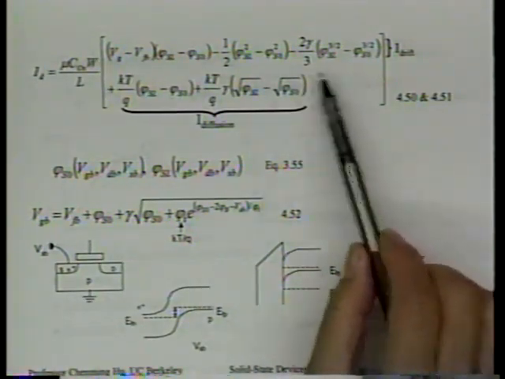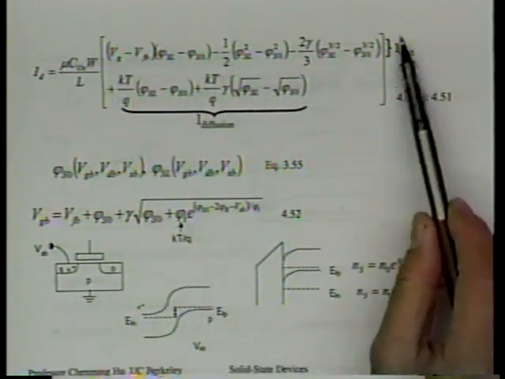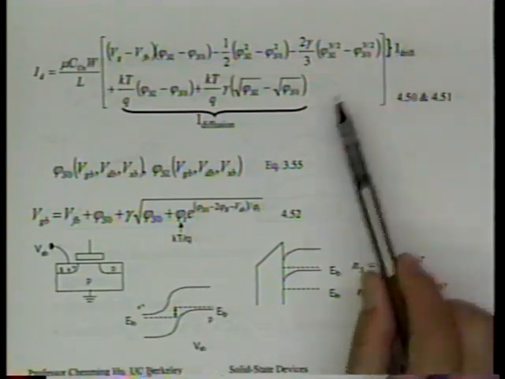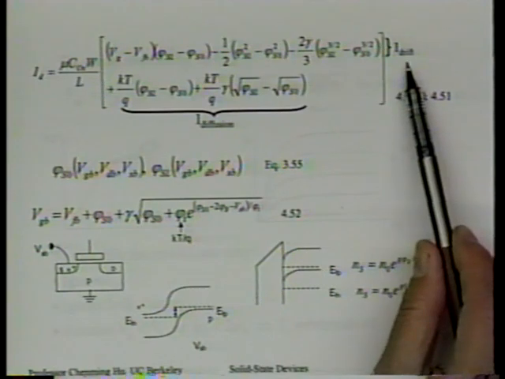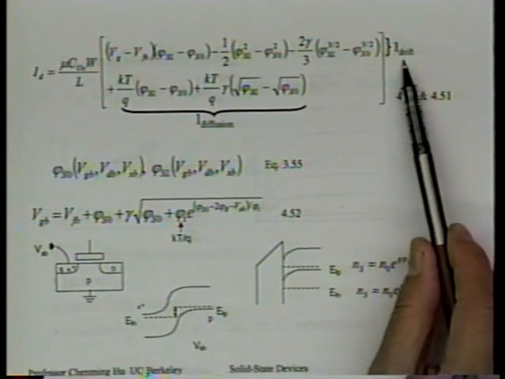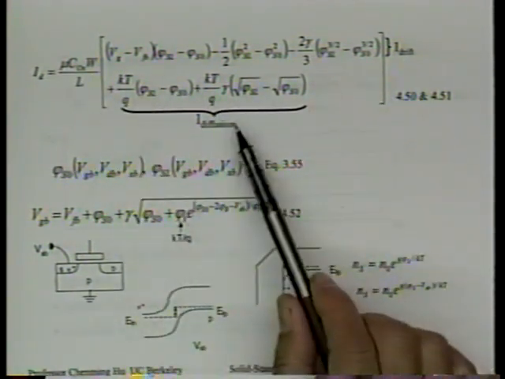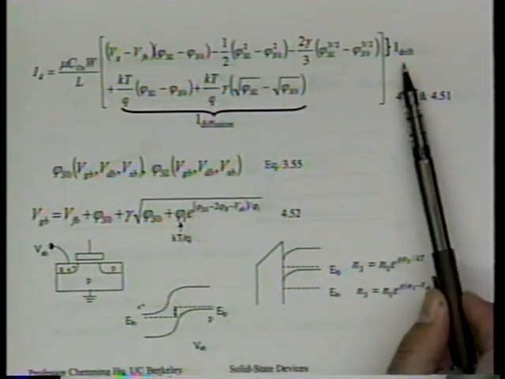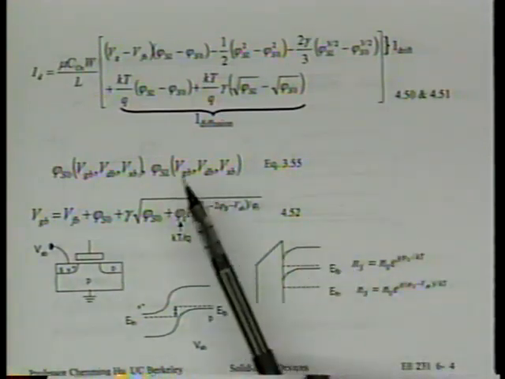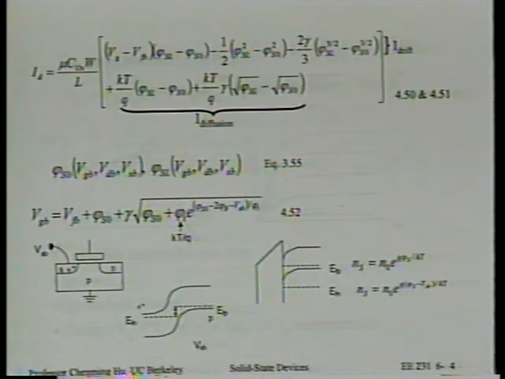The first half of the equation corresponds to the drift current, and the second half corresponds to the diffusion current. In case you want to ignore one or the other, it's good to keep track of which terms come from the drift equation and which terms come from the diffusion mechanism.